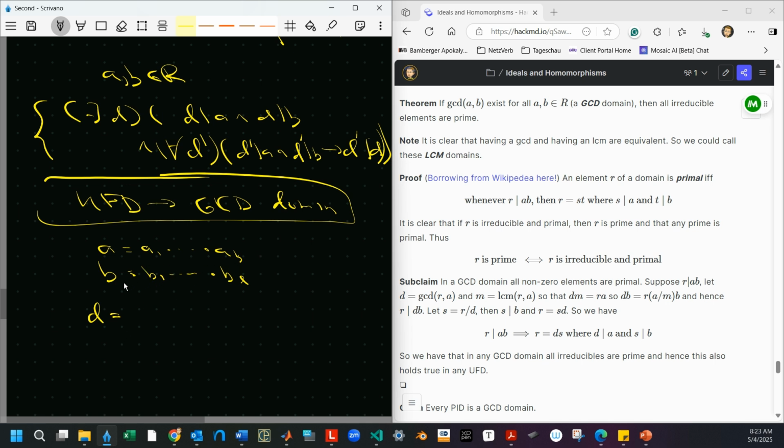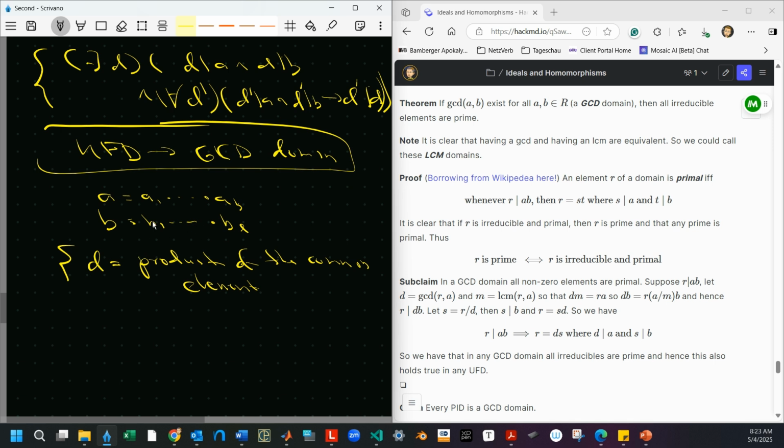I mean, some of these might be the same. I'm not saying that these are powers of a single prime. They may be like 2, 2, 2, 2, 2 several times. D is equal to the product of the common elements. So that's like putting together all the possible irreducibles that we have there that are in common with these things. And what do I mean by common again?